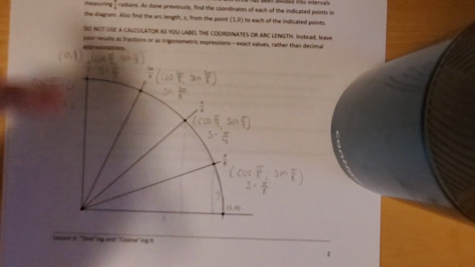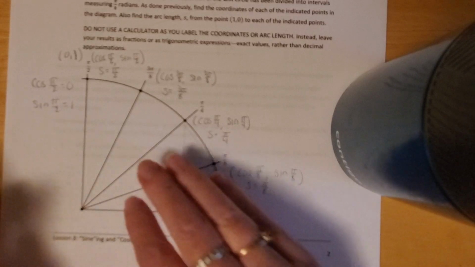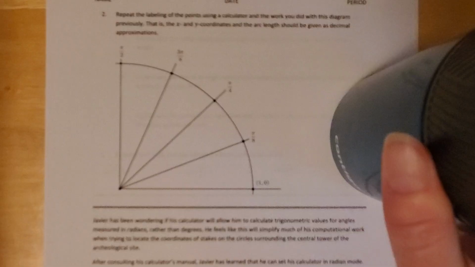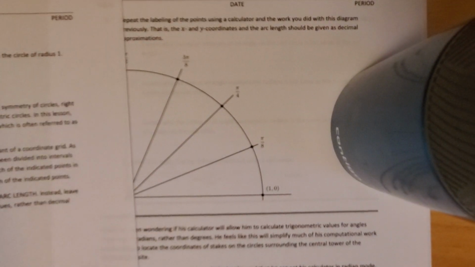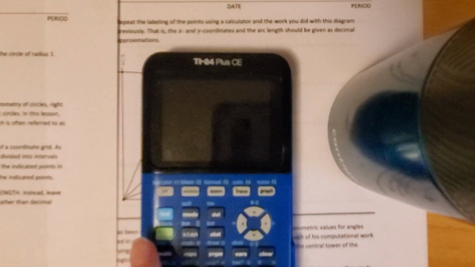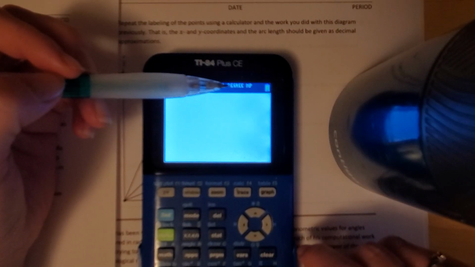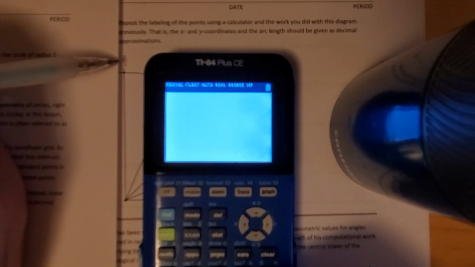And we can find that because we know the coordinate and we know the value there. Okay, so now they want us to find the same values using a calculator. In order to do this on our calculator, we have to make sure that our calculator is in fact set in radians, because this is in degrees, but we're talking about measuring the angles in radians.